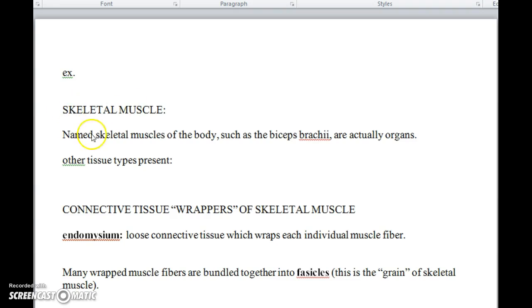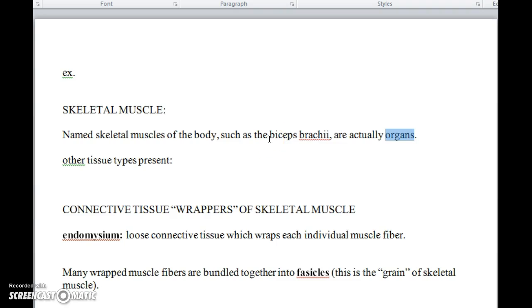All right, skeletal muscle. Three-quarters of the chapter we spend on skeletal muscle. So name skeletal muscles of the body, like the biceps brachii or any other muscle you've heard of before, the deltoid or the gluteus maximus, kind of a famous one. They're really organs, like your heart's an organ. If you don't remember, this might be worth writing down: an organ, a quick definition, is a group of tissues with a common function.